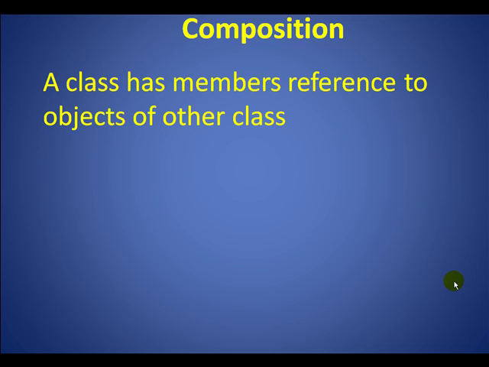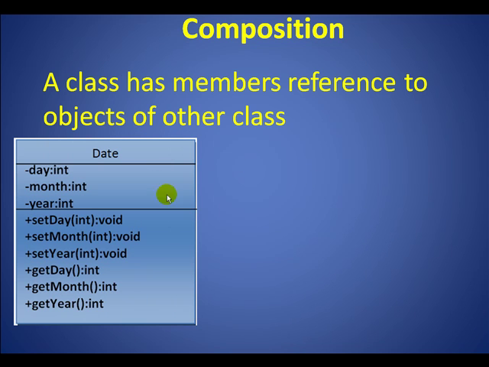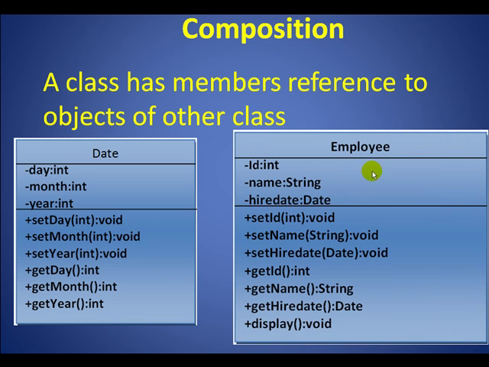Composition between two classes can be defined as a class having members that reference objects of other classes. For example, assume we have a class called Date that has three data members: day, month, year, and we have another class called Employee. The Employee has an ID, a name, and a hire date.